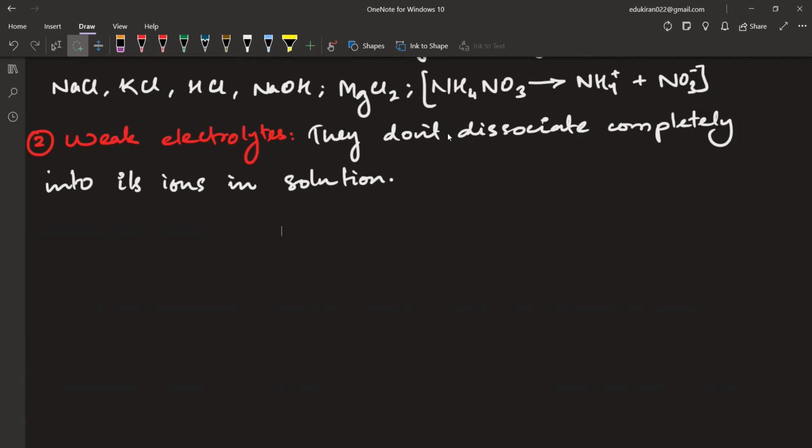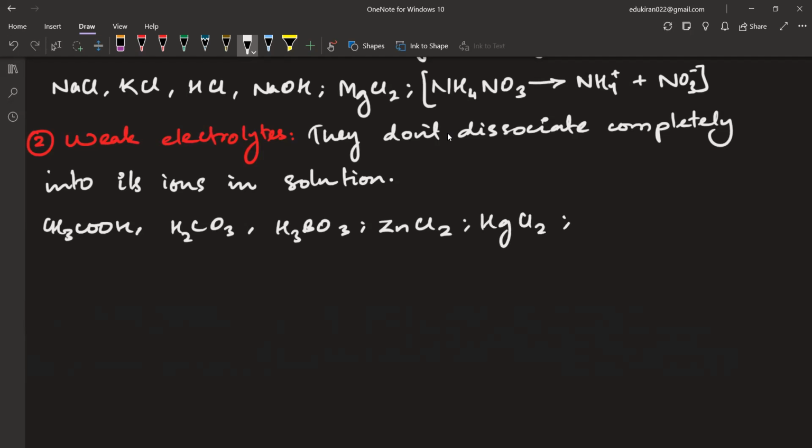They don't dissociate completely into ions in solution. Examples you can write: CH3COOH, H2CO3, H3BO3, and ZnCl2. Other group D elements make some weak electrolytes.